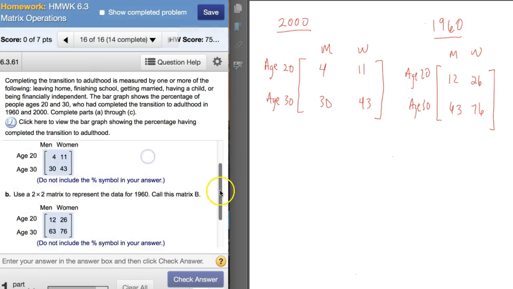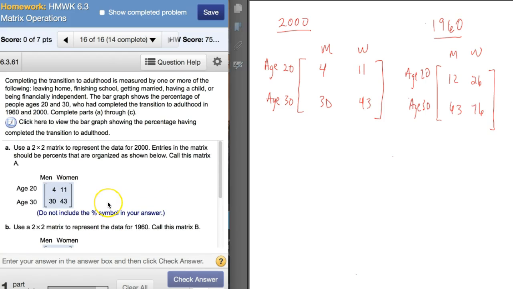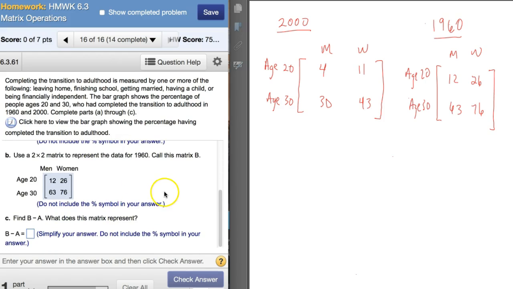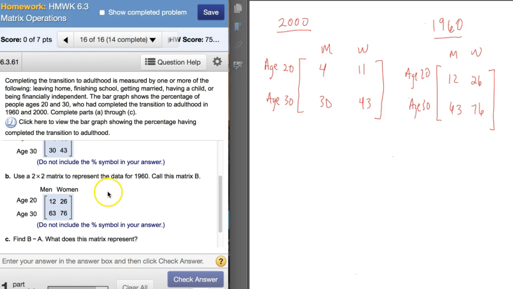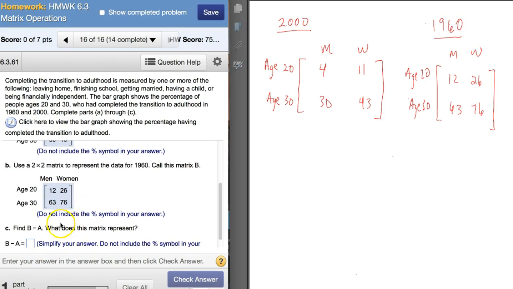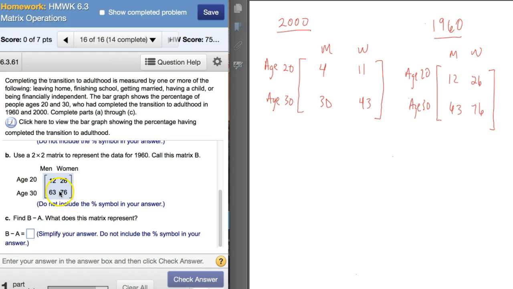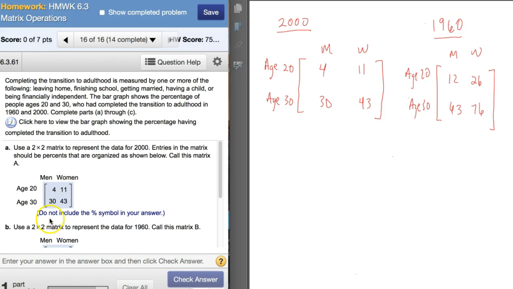All right. So now from there, we need to find out what is the difference between matrix A and matrix B. Okay. And so, of course, here, because they're calling this matrix A and that one matrix B. What this would represent is the difference in percentages of men and women for these particular years.